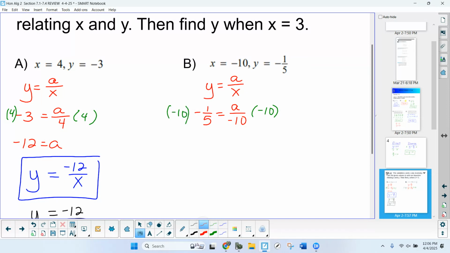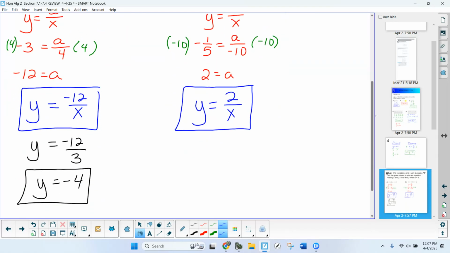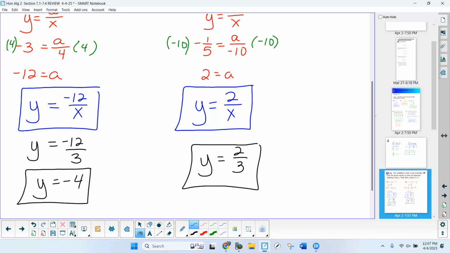What did you get for a? +2. So what's the equation relating x and y? Y equals 2 over x. So now what do you get when you plug in 3? Y equals 2/3. We're done. All right, so some of you missed that on the quiz.